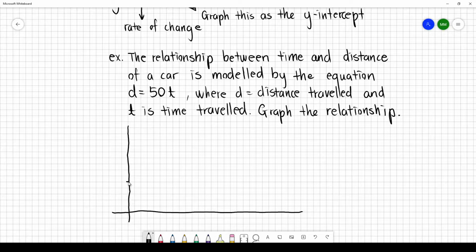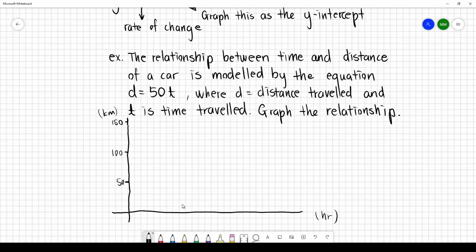So for this one, I'm gonna say this is 50, and this is 100. Maybe one more increment, 150. So this here is, oh, I forgot the units. Let's say this is in kilometers. My bad, forgot the units. And this here is in hours.